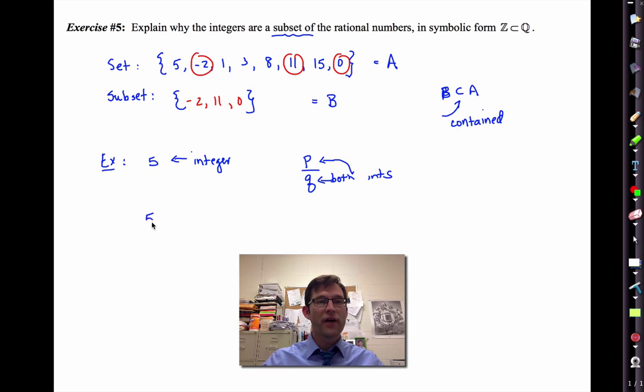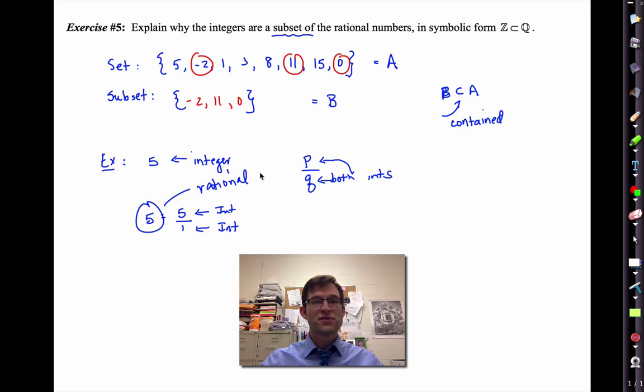So of course 5 can also be thought of as the ratio of 5 to 1. And because that's an integer, and because that's an integer, then the number 5 is also a rational number. So every integer is also a rational number. Not every rational number is an integer. So the rationals are not contained in the integers, but the integers are contained in the rational numbers.